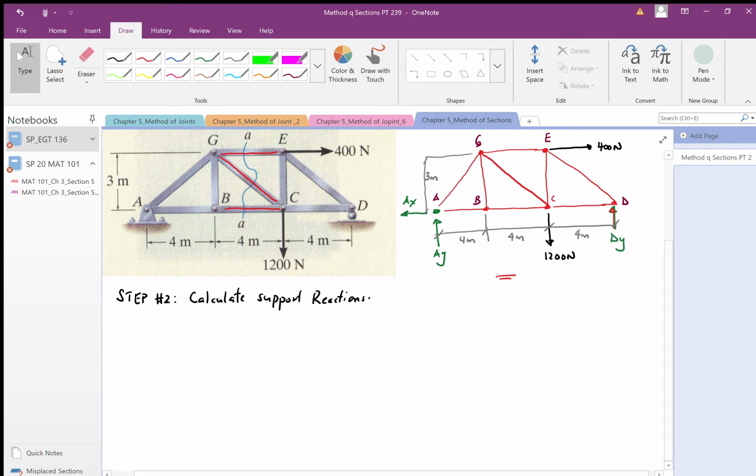So in doing so, I can do my moments about point A and take clockwise to be positive.